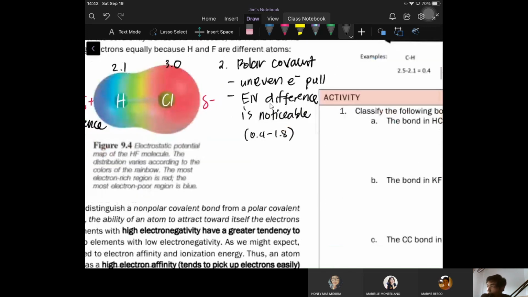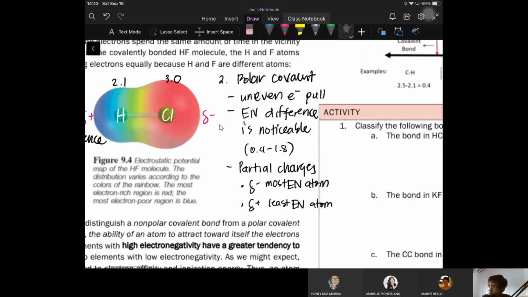So pag polar covalent, uneven yung pool ng electrons because of the big electronegativity difference. Medyo malaki na siya to be observed, and we will have partial charges. Partial negative sa most electronegative atom, partial positive sa least electronegative atom. Ganun lang yung pag-assign.